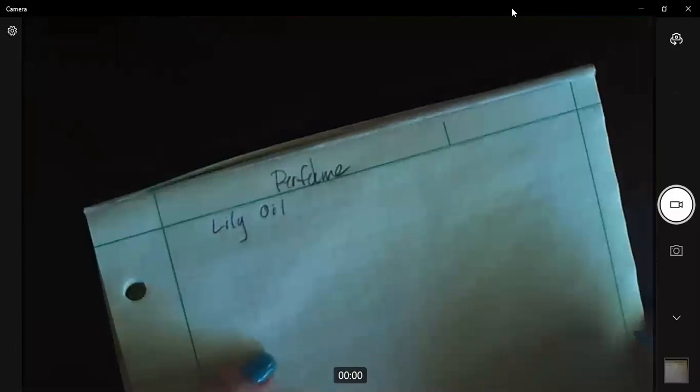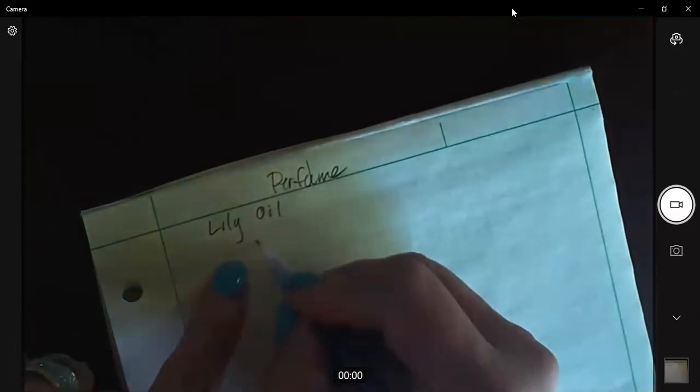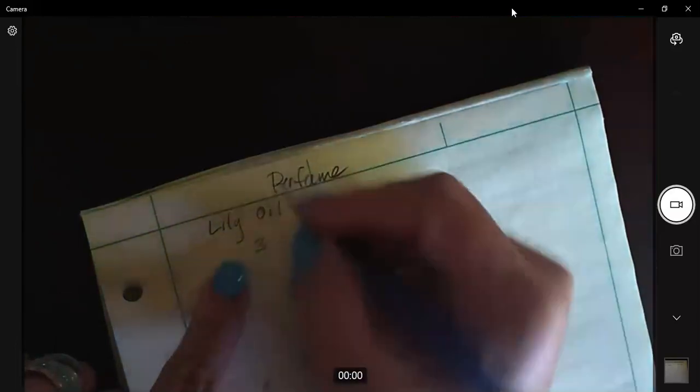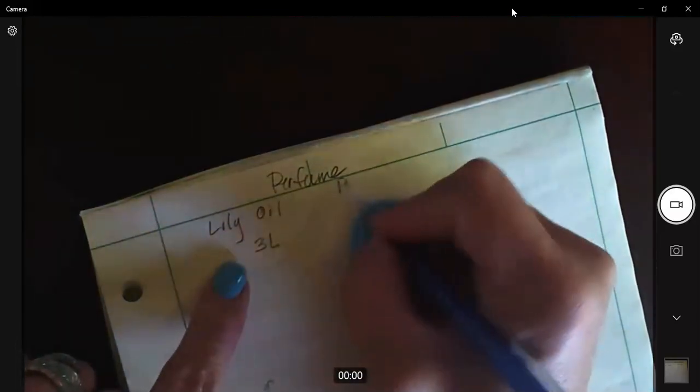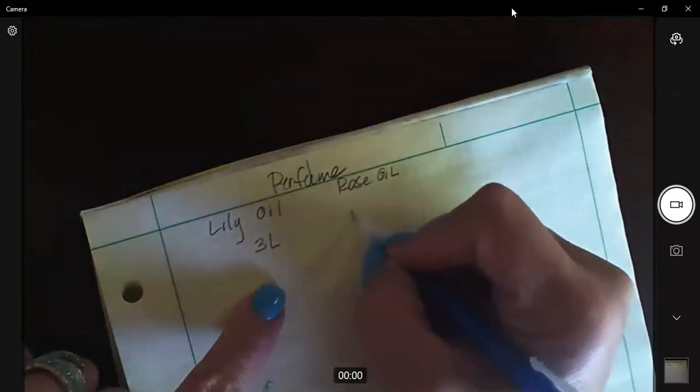All right, so this is one actually that I pulled out of your book. Let's say we have lily oil to make a perfume. Okay, so they have lily oil to make a perfume is 3 parts. I think it's 3 liters, I believe. And then we have rose oil, and its part is 4 liters.